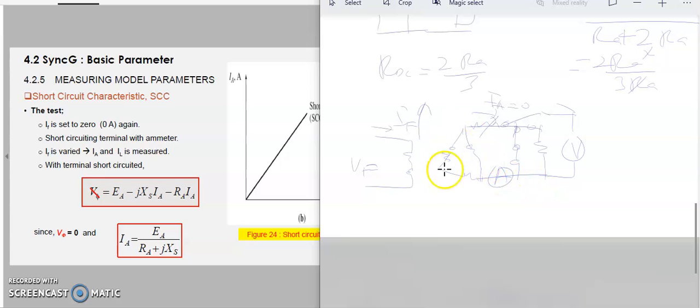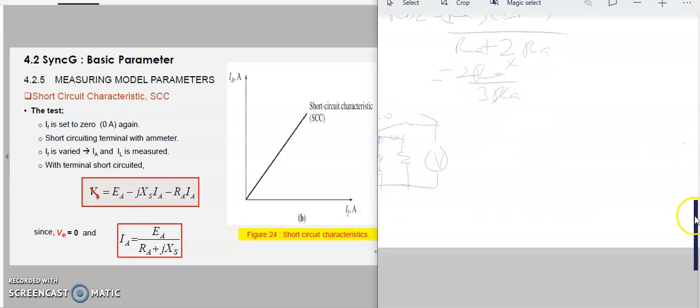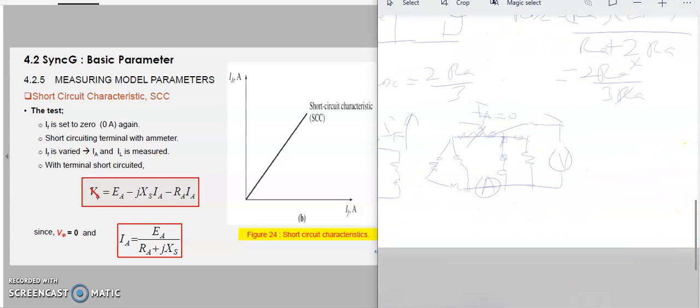We want to know the maximum current that the system can provide. So we set the field current again. IA or IL is measured. The field current is set at 0 and IF is varied from 0 to maximum.